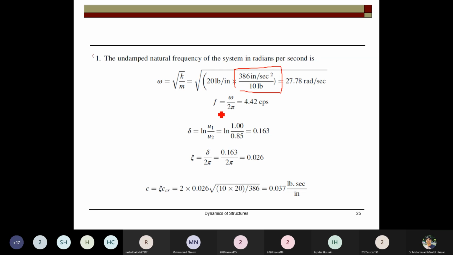So K over M is computed, and from that the frequency can be computed. And delta, you know that delta is equal to log of U1 over U2. So that can be computed, the ratio.